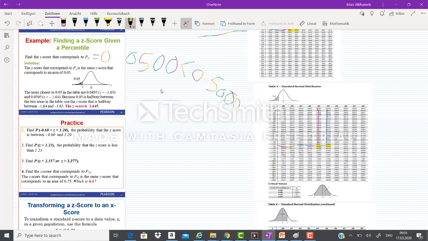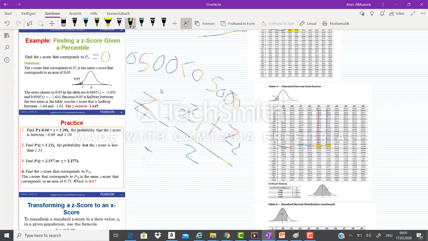As I told you, 0.0500 lies between the two numbers, therefore what I have to do is take Z equal to Z1 plus Z2 divided by 2.